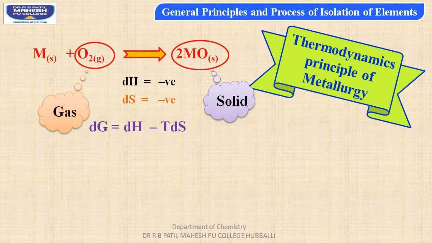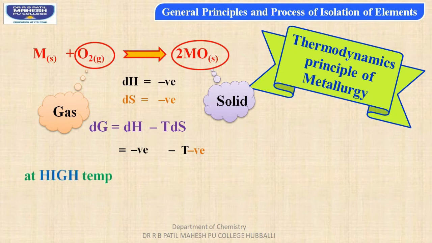Therefore students, we can use the equation change in Gibbs free energy is equal to change in enthalpy minus temperature into change in entropy. Therefore, delta H is negative, whereas minus absolute temperature multiplied by delta S, that is change in entropy, is also negative for the above equation.